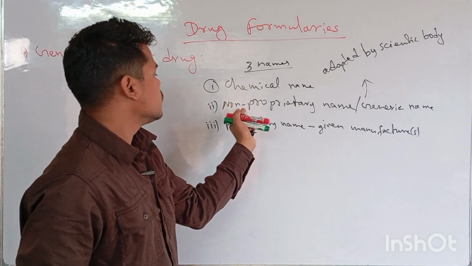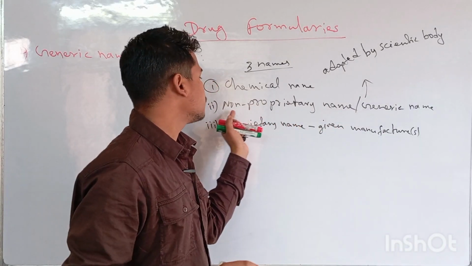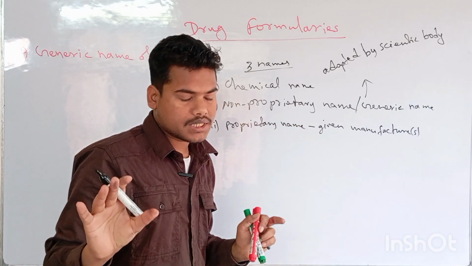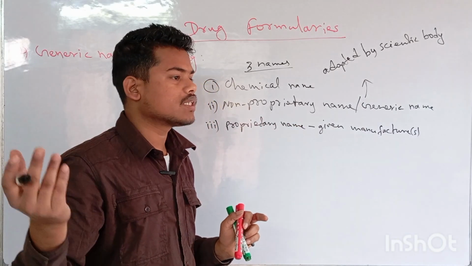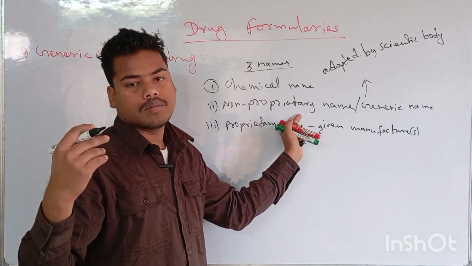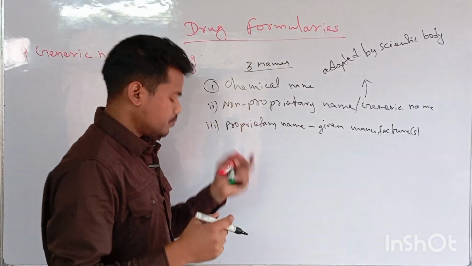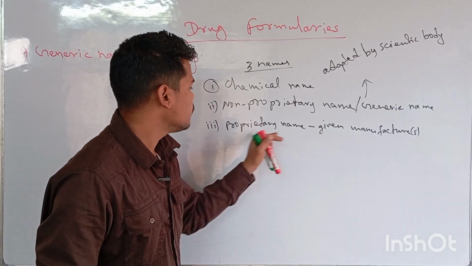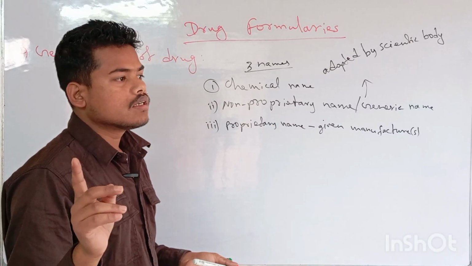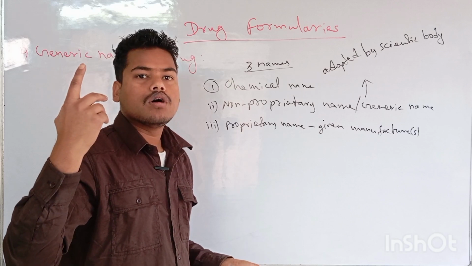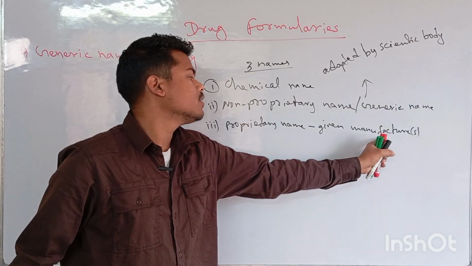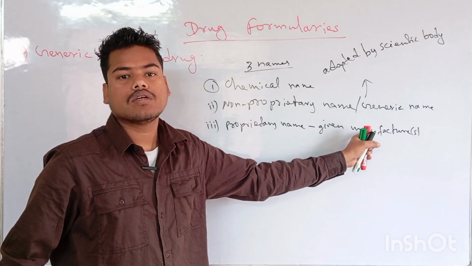So why is this name preferred? Even in prescription writing, you should write this non proprietary name. Once you prescribe a drug in a clinic or hospital, it is preferred to write the non proprietary name, because if you write the proprietary name, first you are going to promote the market of certain manufacturers.